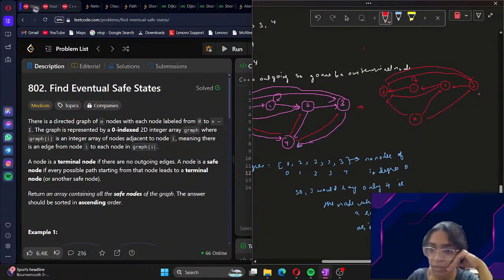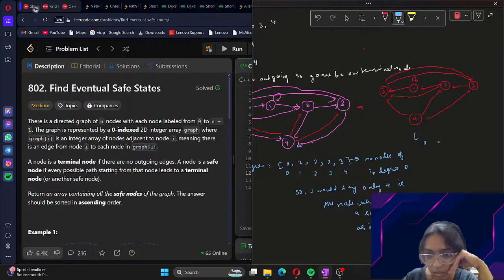Okay, so this pretty much sums it up. If you take in degree of this, it's gonna be on 0, 1, 2, 3, 4. Then in degree of 4 is gonna be 0. In degree of 1 is gonna be 2.